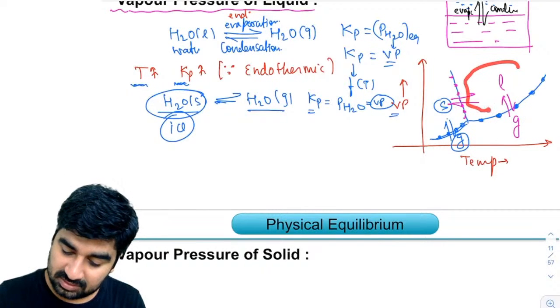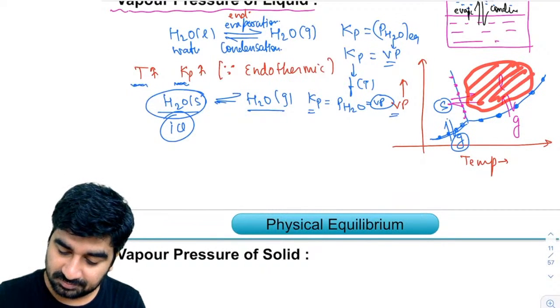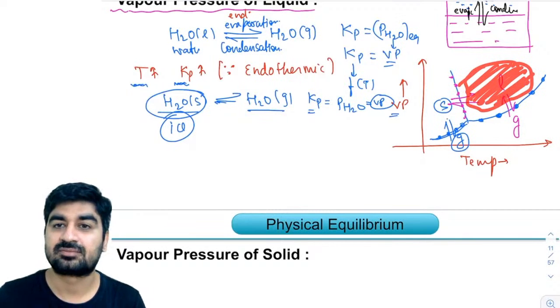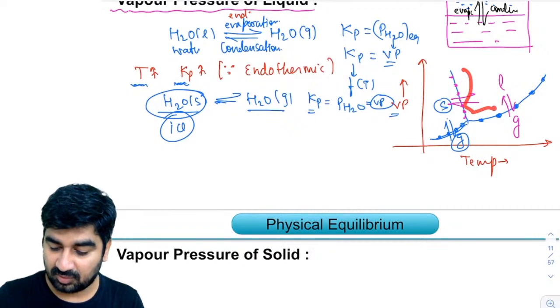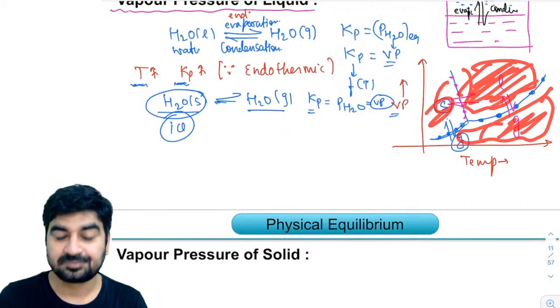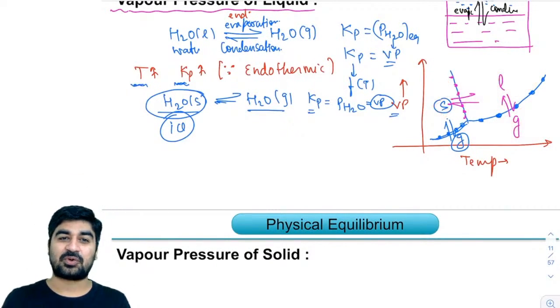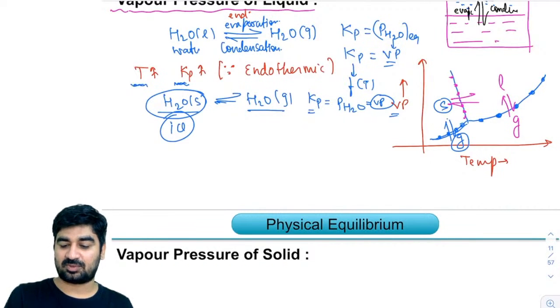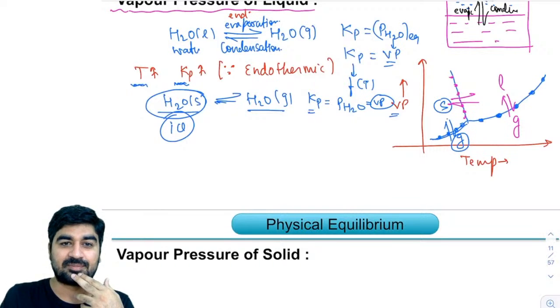And if you are in this region, it would be water. I hope now you got it. So why do we call it the triple point? Because at this point, solid, liquid and gas, all three are in equilibrium.